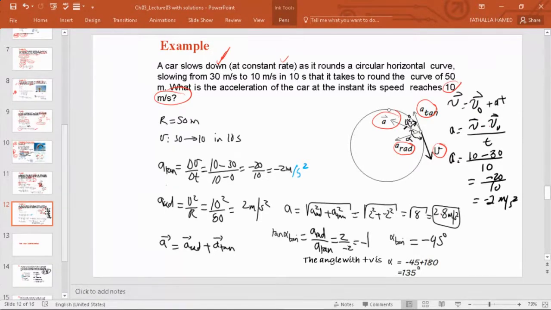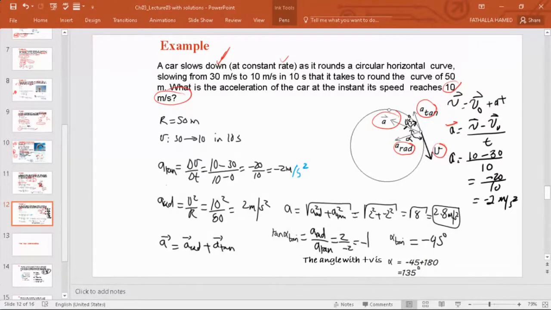So A will equal V minus V0 over T, which is equivalent to saying that your A tangential is equal to delta V over delta T. I'm only looking at the change in your speed, and I will look at the magnitude.